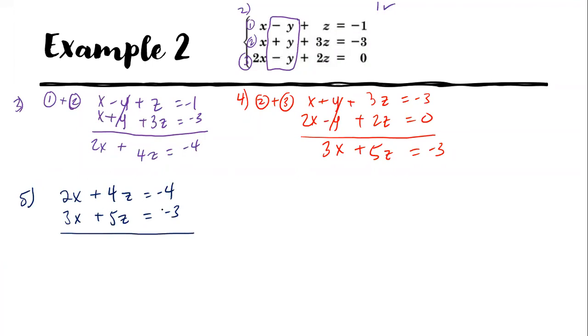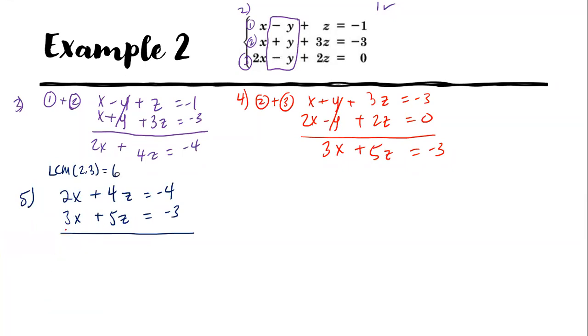And I need to eliminate one of these variables. So previously when we talked about elimination, you're going to choose a variable, find the least common multiple, and go from there. So I'm going to do x's, they're right there, and my least common multiple of 2 and 3 is going to be 6.